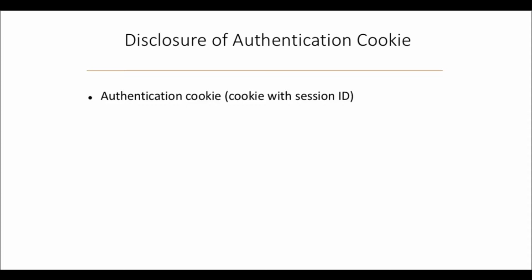I talked about authenticated session ID, non-authenticated session ID, and this kind of stuff. In this video, I'm gonna give you an introduction to secure processing of cookie with session ID, or in other words, how your cookie with session ID can be disclosed over insecure channel.